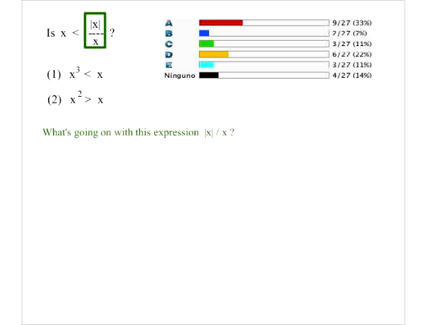Basically, if you investigate this, let's investigate with plugging. If we don't know, let's just plug. So let's do statement 1. X cubed is less than x. Does anybody know where that happens without having to do a bunch of algebra? Where is the cube less than x?